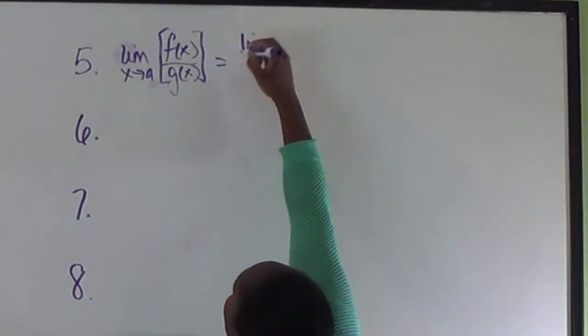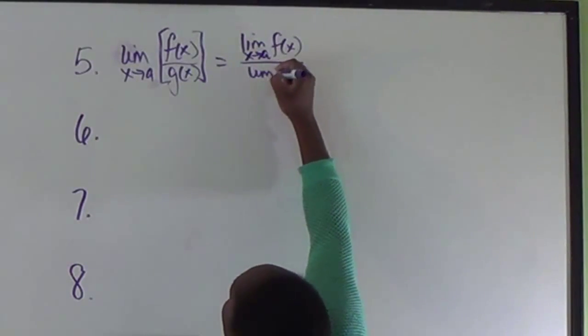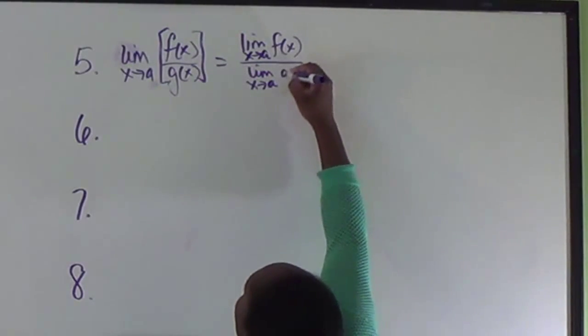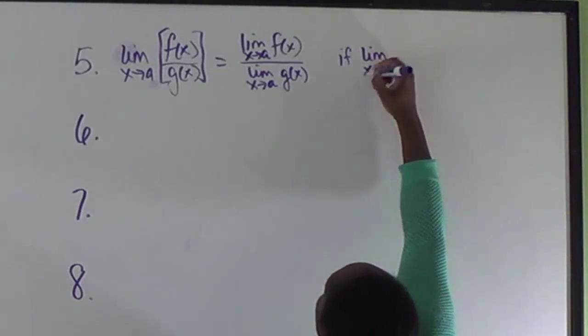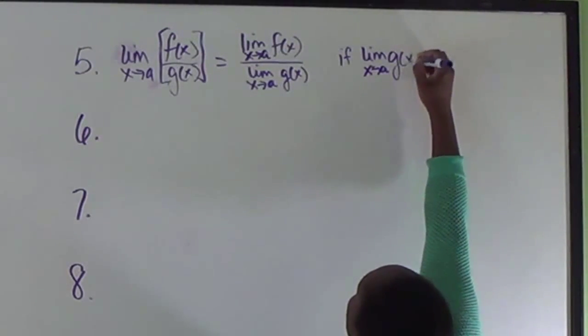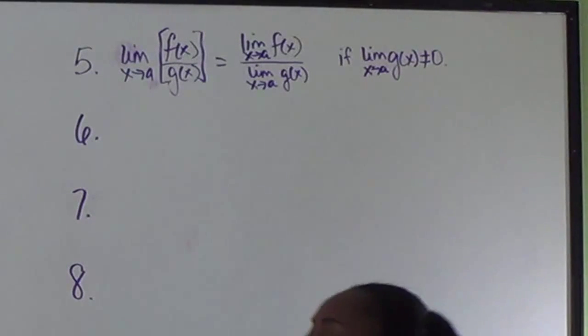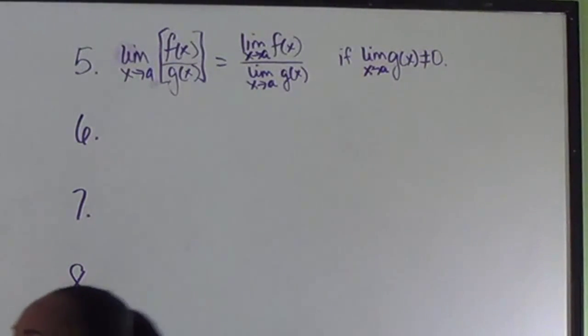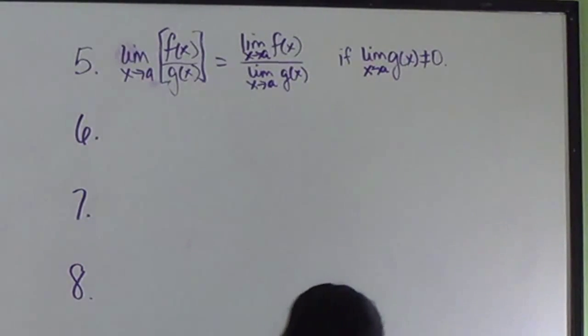This is going to equal the limit as x goes to a of f of x over the limit as x goes to a of g of x, but only if the limit as x goes to a of g of x does not equal 0. You have to be a little careful of that, because sometimes it looks like I can do this operation, but then when you actually look at the value of the limit of g, it does go to 0.